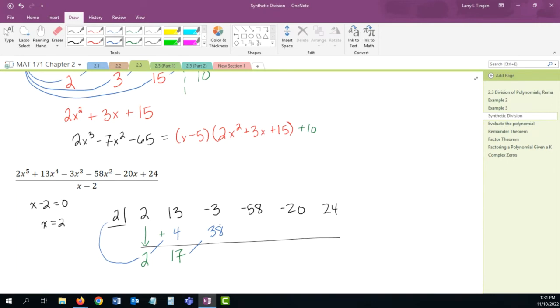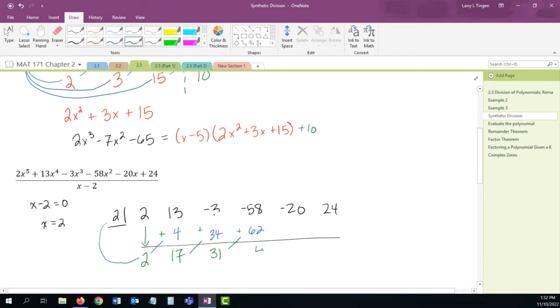Sorry. Let me get this page right back here. Yeah, that's obviously what I meant. 17 times 2, 34. Negative 3 plus 34, 31. 31 times 2, 62.